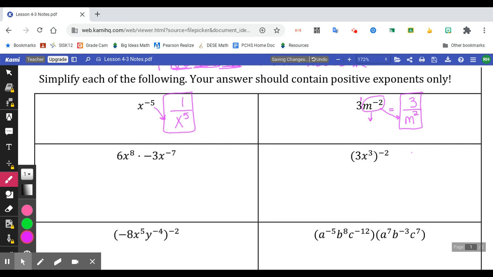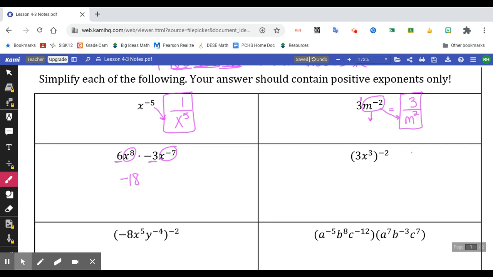Negative exponents drop to the bottom and become positive. Everything else stays up top. Okay? So this goes back to our properties that we already learned. I have a multiplication problem, so I'm going to multiply my coefficients. 6 times negative 3 is negative 18. Okay, and then I'm going to add my exponents.